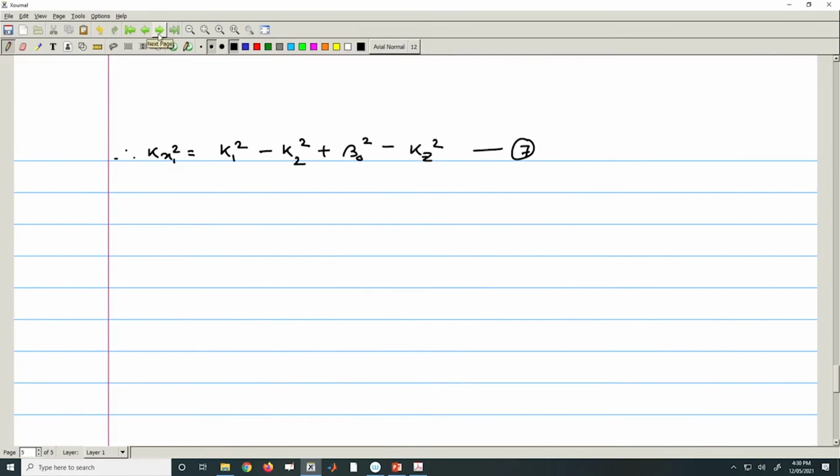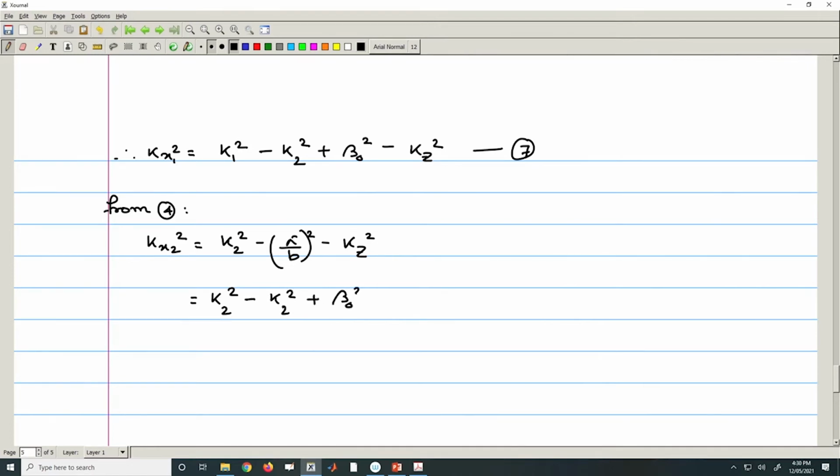In a similar manner, kx2 square is equal to k2 square minus (pi by b) square minus kz square.